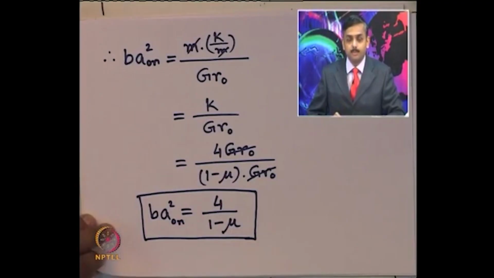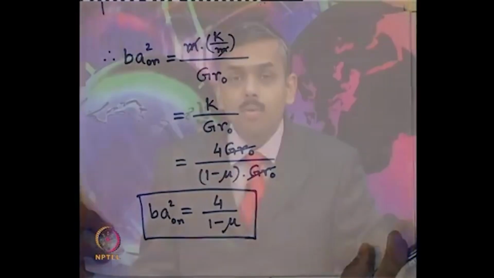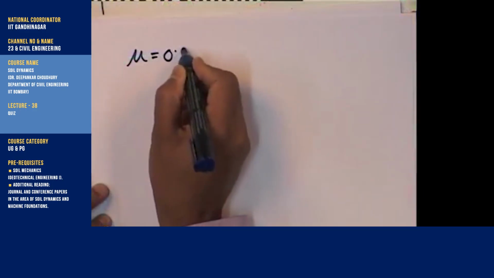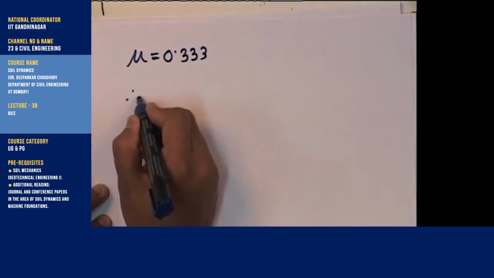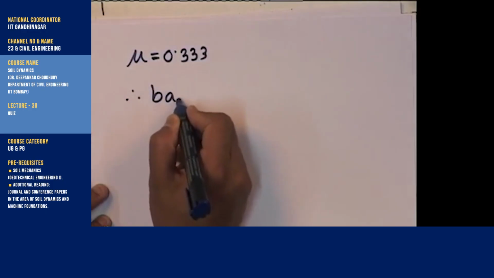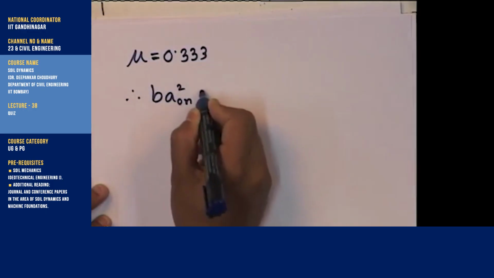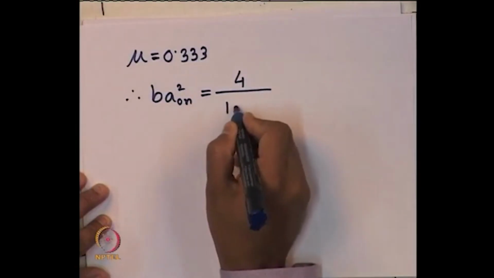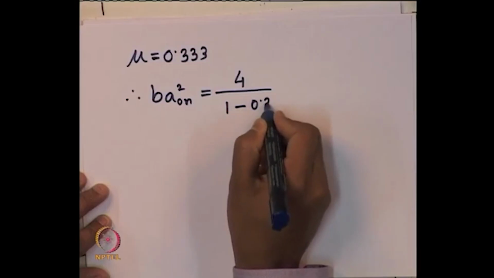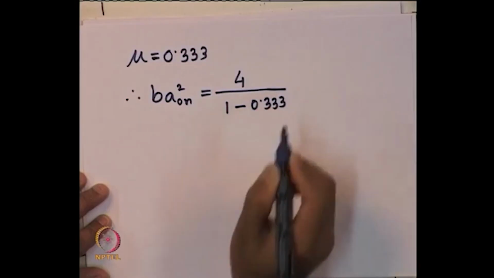which is simplified by this expression. So, now in our question it was asked that if the Poisson's ratio of the soil is given as mu as 0.333, then what should be the value of this term B A naught n square? Let us put in the expression the value of mu.